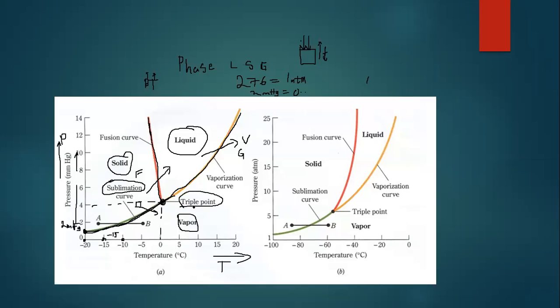At this point, which is shown here on the curve as the triple point of water, water can exist as a solid, a liquid and a gas at the same time. So you find that this is a very delicate point.